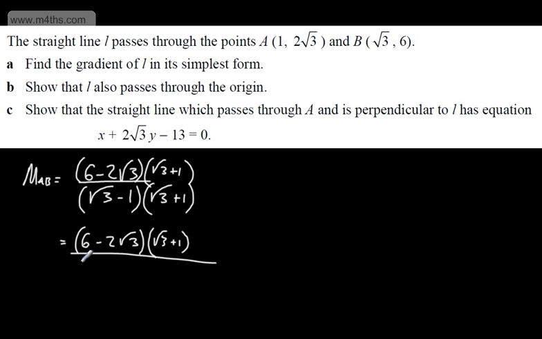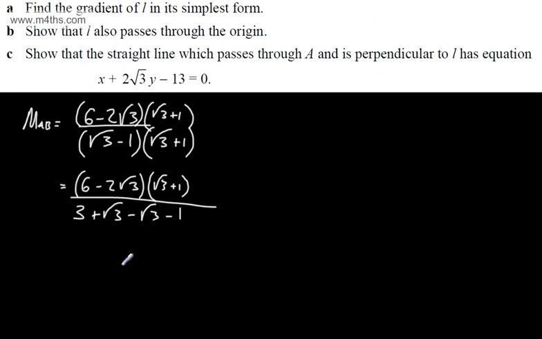So we're going to have root 3 times root 3, which is 3. We're going to have plus 1 lot of root 3. We're going to have minus 1 lot of root 3, and then we're going to have now minus 1. I'm just going to factor the numerator slightly. I'm going to take out this common factor here of 2. That's going to give me 2, then we'll have 3 minus root 3, and then we'll have root 3 plus 1.